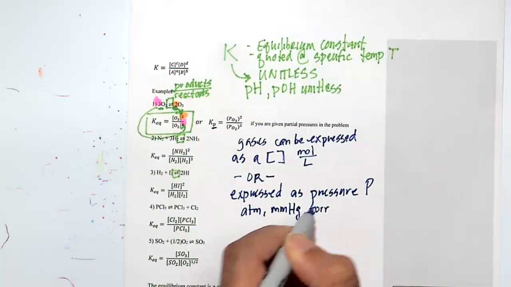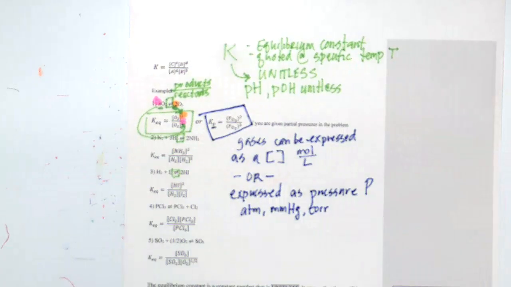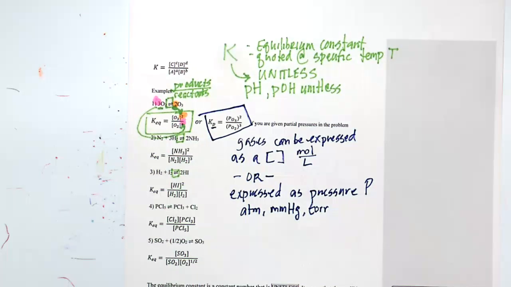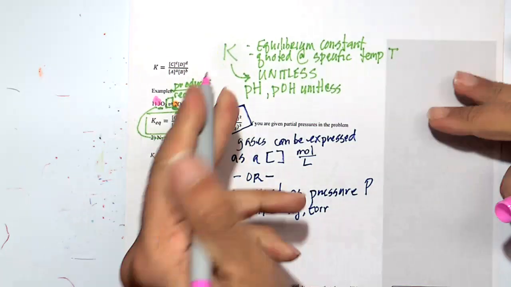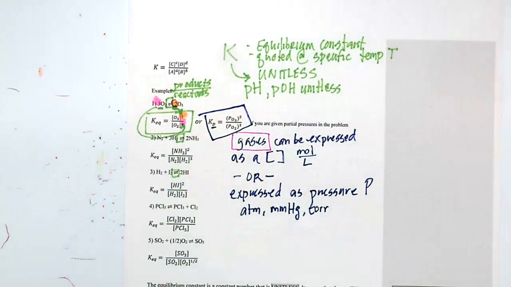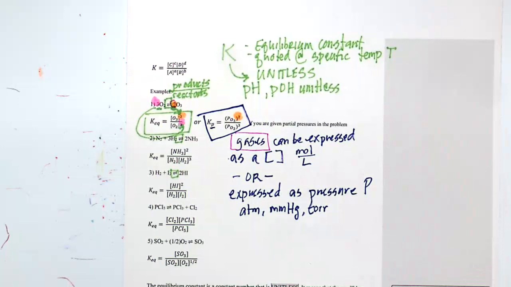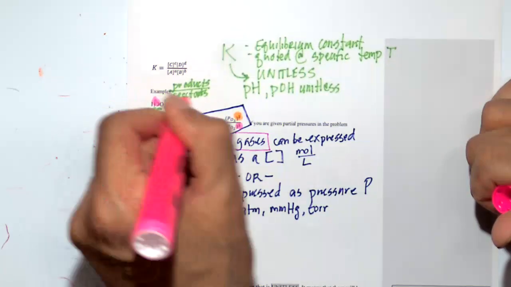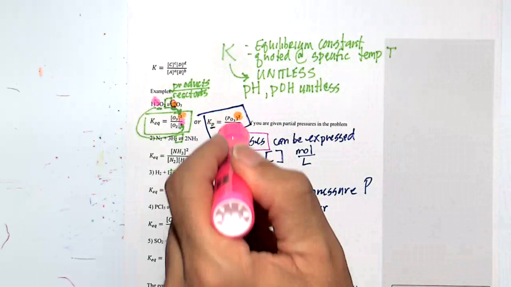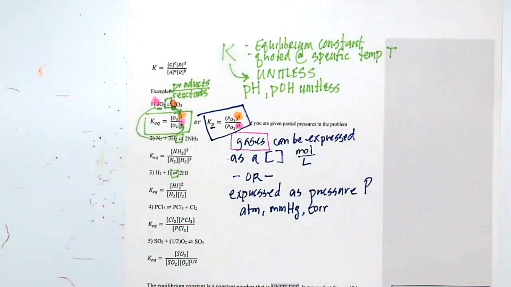Torr is another unit of pressure. And really that's what you see here. Instead of concentration, we put pressure, only for gases. Again, same rules apply. Where does the exponent 2 come from? Products over reactants. Where does exponent 3 come from? Products over reactants. Here it's just pressure, here it's concentration, only for gases.